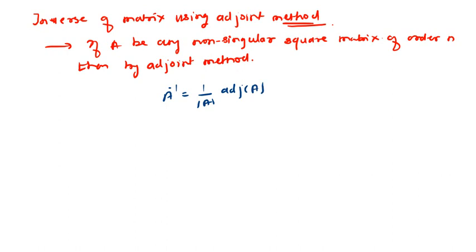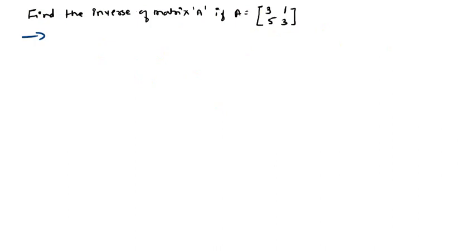A. Now in the previous lecture we saw how to find the adjoint of the matrix A, and you just need to divide that adjoint matrix by the determinant of A, then automatically you will get the A inverse. For example, suppose we have this example to find the inverse of the matrix A using the adjoint method.